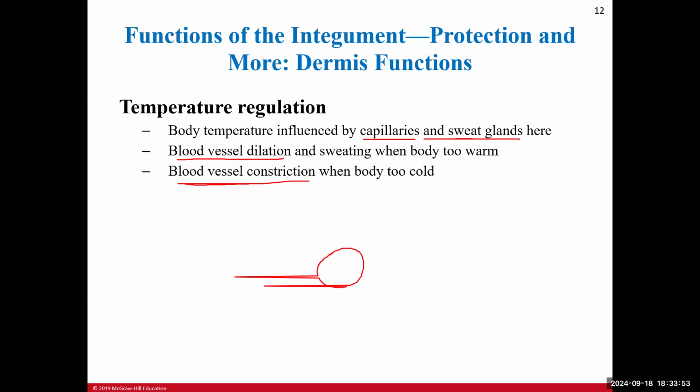When you start to work out, or with temperature regulation, when you get hot, your blood vessels will get bigger. The diameter will get bigger. So what does that mean?